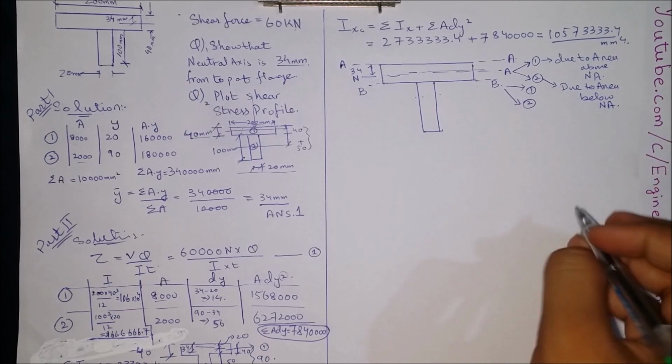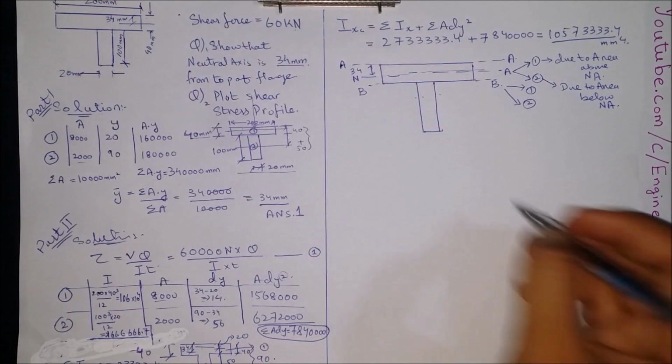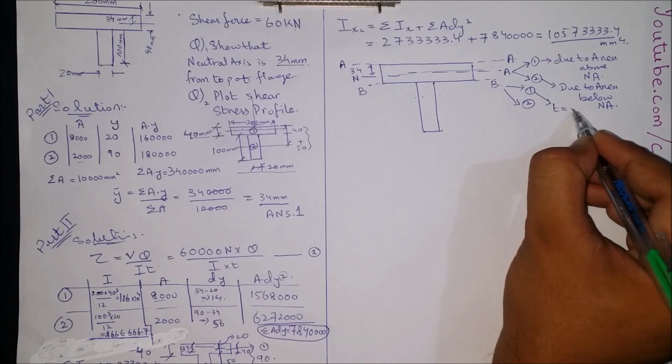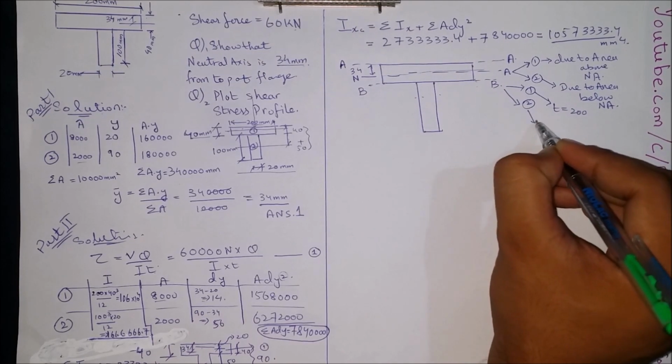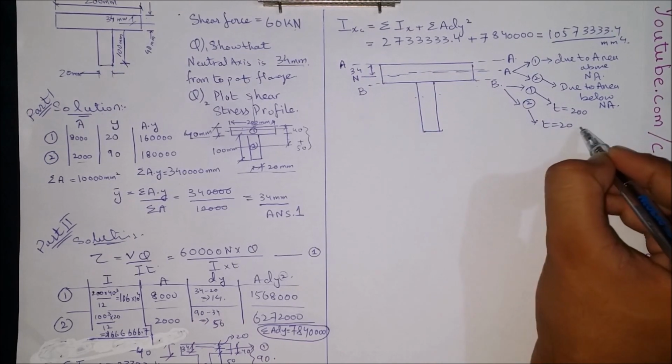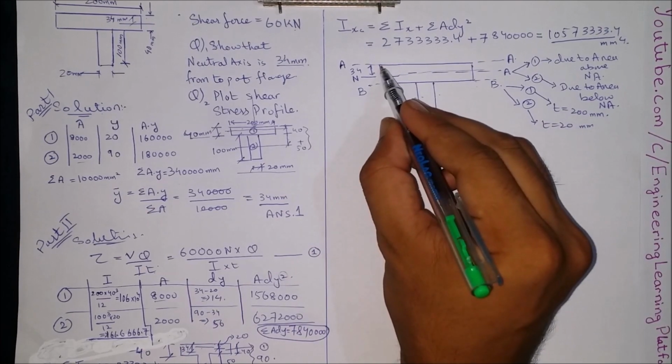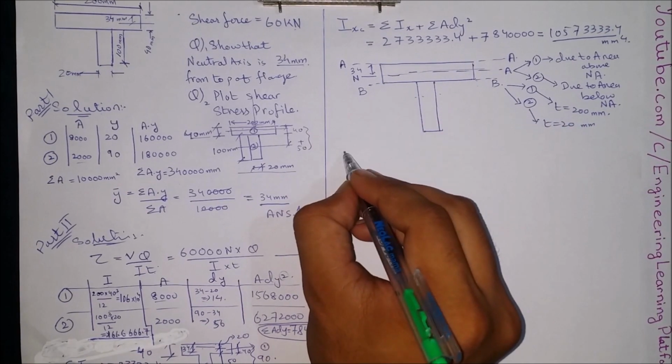Note that the NA subscript denotes the neutral axis. One due to thickness 200, one due to thickness 20 millimeter. So starting with the fiber AA.